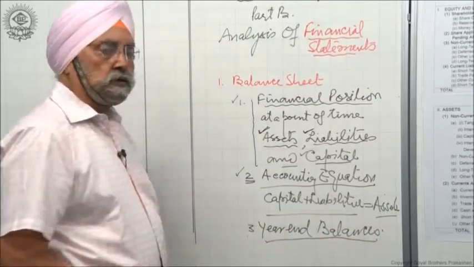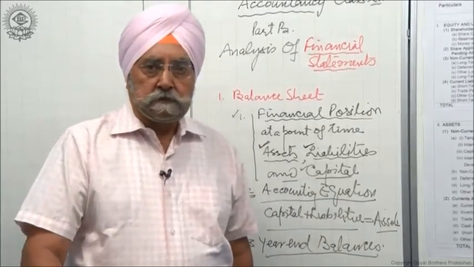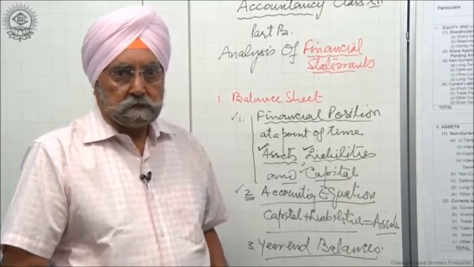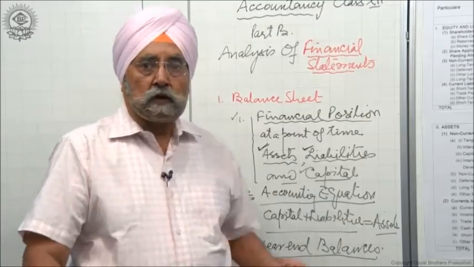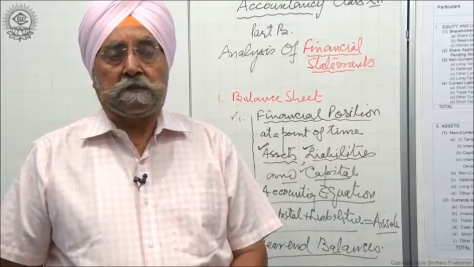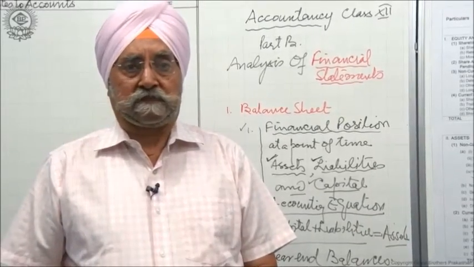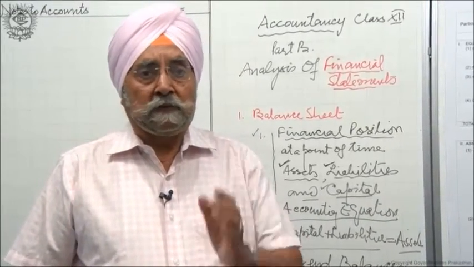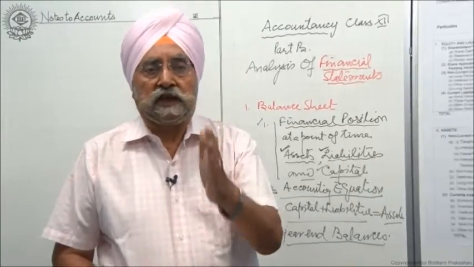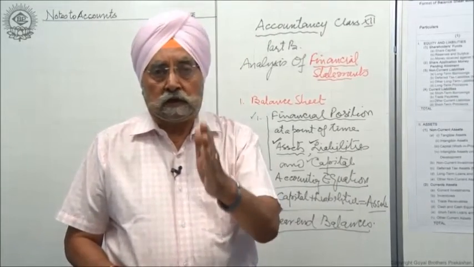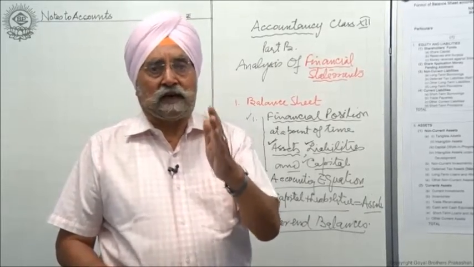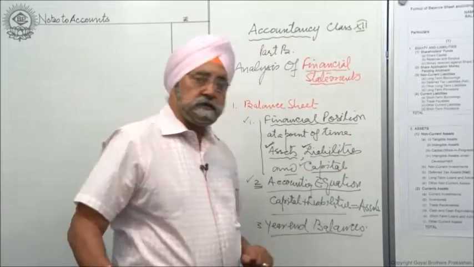All balances shown in the balance sheet are the balances which are there at a particular point of time, maybe 31st of March. So on 31st of March the year ends and all the accounts are balanced, their balances are calculated and they are shown in the balance sheet.